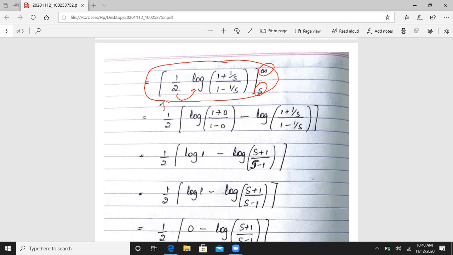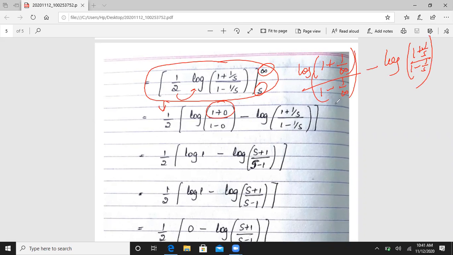The 1 by 2 is a constant term, so we keep it outside. For the upper limit, log of 1 plus 1 by infinity divided by 1 minus 1 by infinity, minus the lower limit, log of 1 plus 1 by s divided by 1 minus 1 by s.